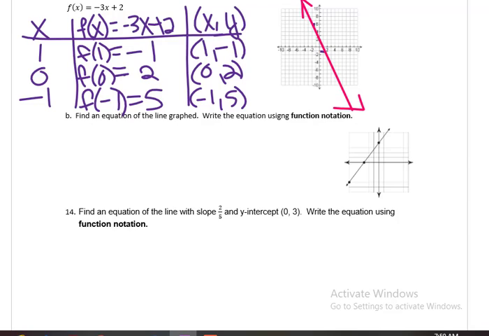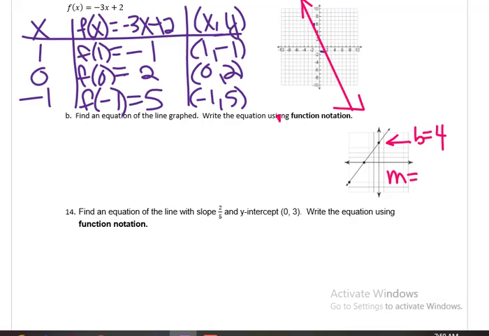B, find an equation of the line graphed, and then write the equation using, sorry, that's spelled incorrectly, function notation. Let's cross out the G. So when I look at this, I see that I have a y-intercept of 1, 2, 3, 4. So b would be equal to 4. When I count out the slope, it's going to be rise over run.